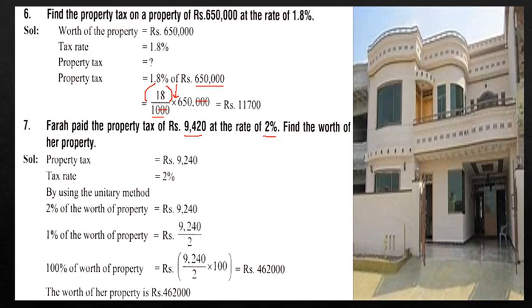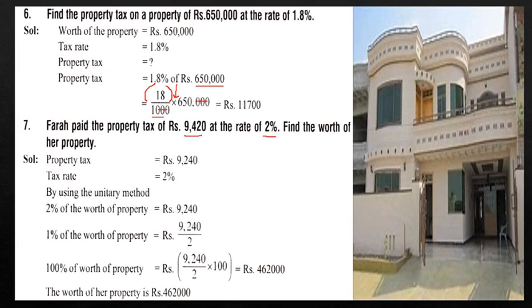Now the amount of tax A paid, that amount is given, and at what rate? At 2%, that rate is also given, and we are finding the worth of the property she has. Property tax she has paid 9,240, rate 2%.